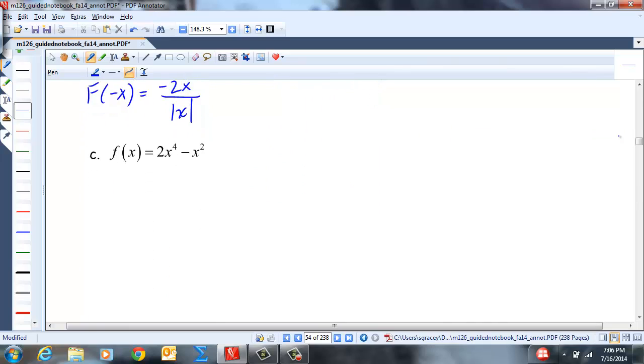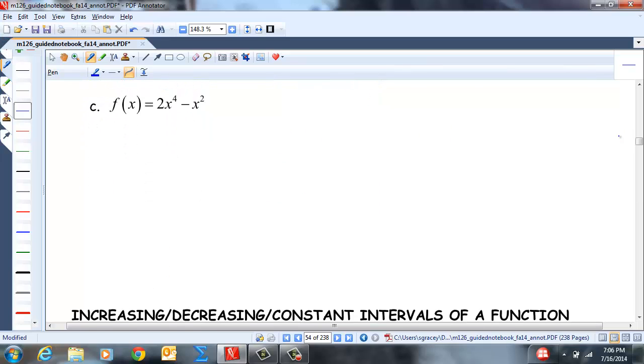Okay, and finally, part C. Start out by plugging in negative x to our function and see if we get the original function back.